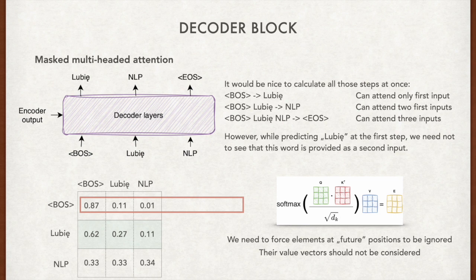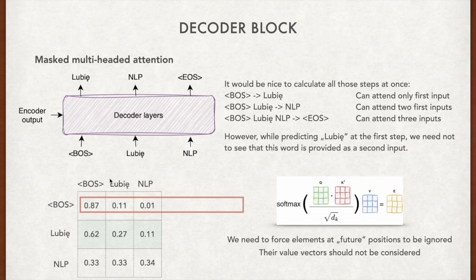During the training phase, we know all the inputs sent to the decoder so that we know what the expected translation should be. If we apply the self-attention mechanism on this, we obtain the attention matrix, where we can observe that from the perspective of the first token, the BOS token, all other tokens have some importance calculated.